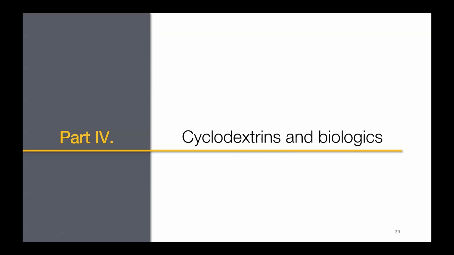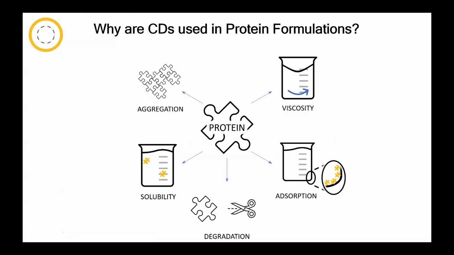Okay, so I said that the cyclodextrin field is still focusing on small molecules, and it was in the past, it's still in the future, but it's broadening. So the focus is still on small molecules, but broadening to biologics and APIs. So what about proteins? Proteins have certain disadvantages, like they can aggregate.